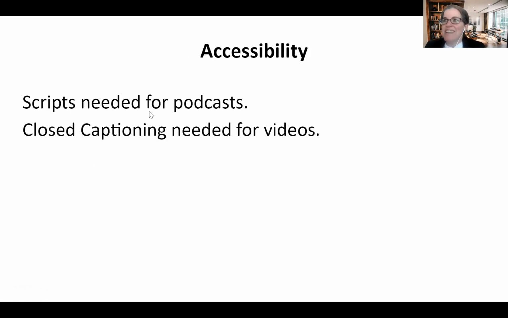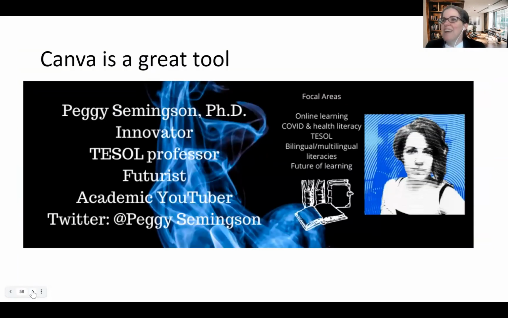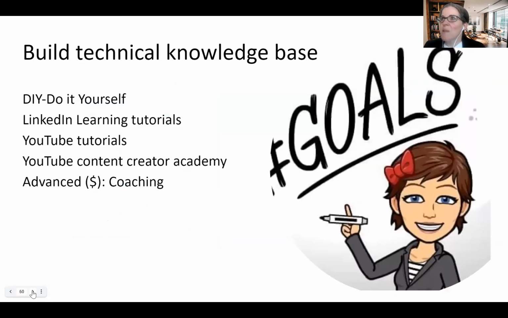Scripting is helpful for podcasting, and closed captions are really, I think, essential for videos. And then again, adding that thumbnail, I'm still learning about this, but adding that visual image is helpful because sometimes the video will have you in a weird, awkward pose. Canva is good for creating channel cover art.